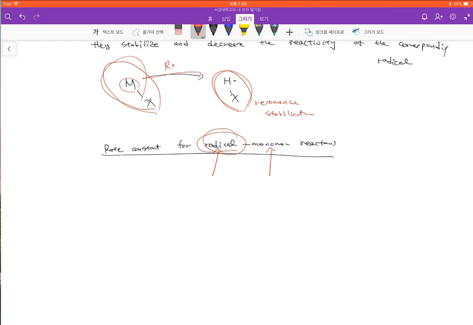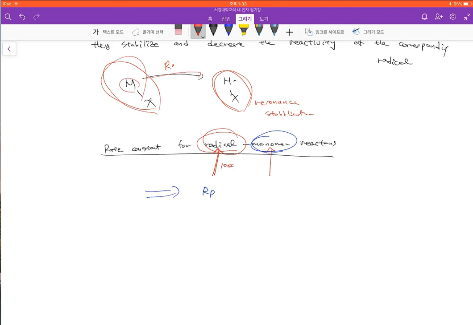And you have just seen that different chemical structures of substituents have a much larger effect on radical reactivity. But the effect is totally opposite: one substituent increases the radical reactivity, while the same substituent decreases the monomer reactivity.